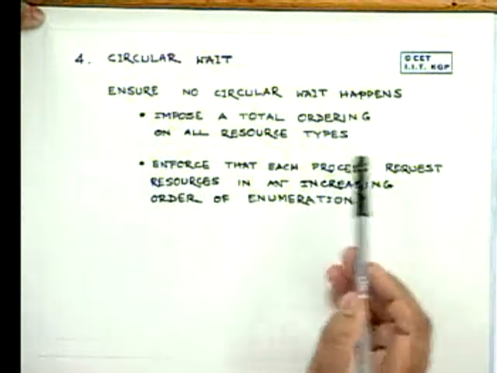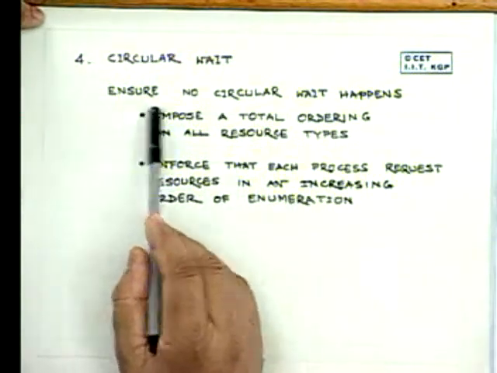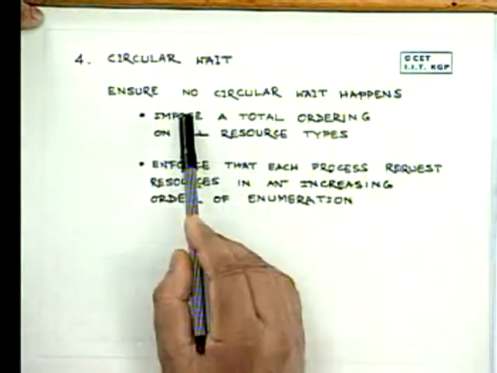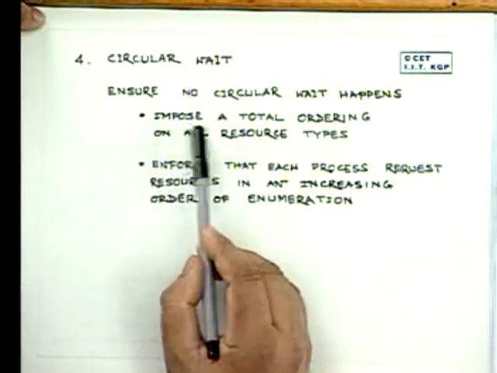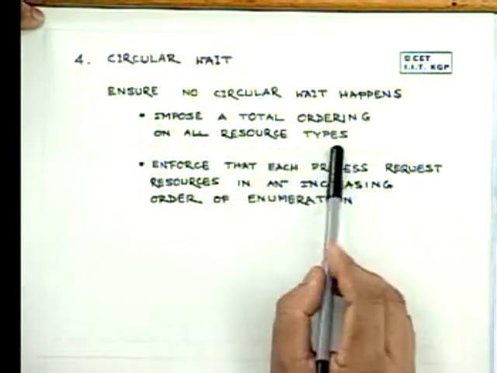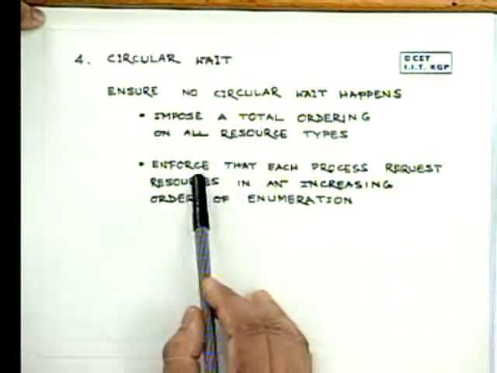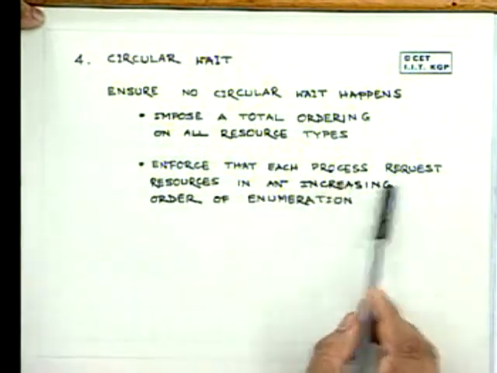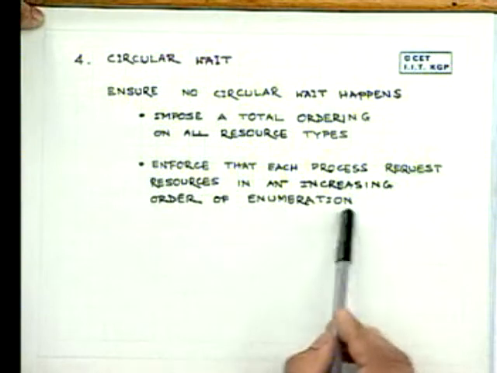Let us now discuss the fourth preventive technique, that is ensuring that the circular wait does not take place. To ensure that no circular wait happens, we will impose a total ordering on all resource types, and then enforce that each process requests resources in an increasing order of enumeration.